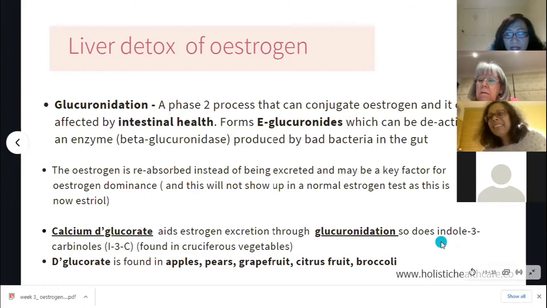So any supplement that claims to detox estrogen will use indole 3-carbinol, and that's found in your cruciferous, which is why I always bang on about make sure you eat your broccoli, like your mummy told you, because all your cruciferous contain indole 3-carbinol, and you just got to make sure you don't boil it and cook it to death. Make sure it's just steamed, slightly crunchy, so the nutrient's still there. And so you can buy all these in a supplement form as well. The D-glucarate is found in apples, pears, grapefruit, citrus fruit, and broccoli.